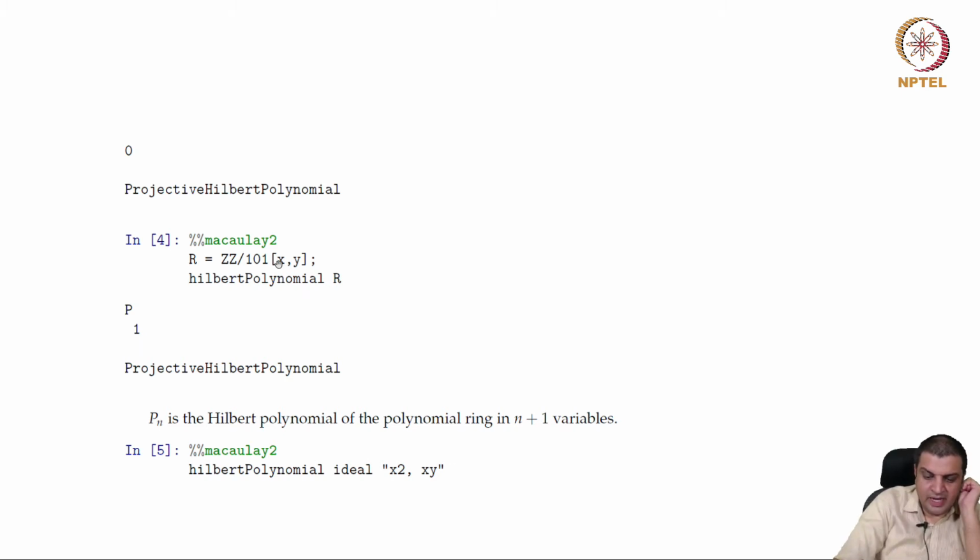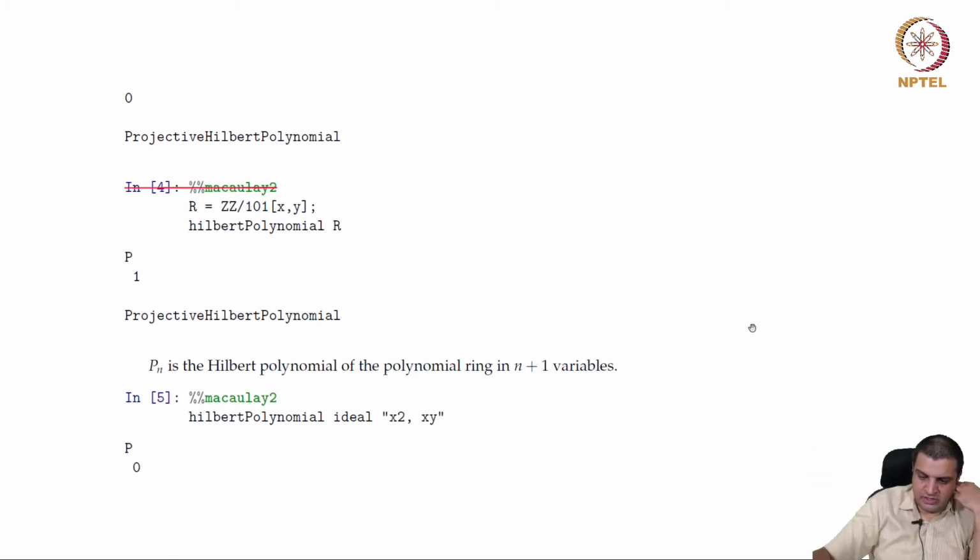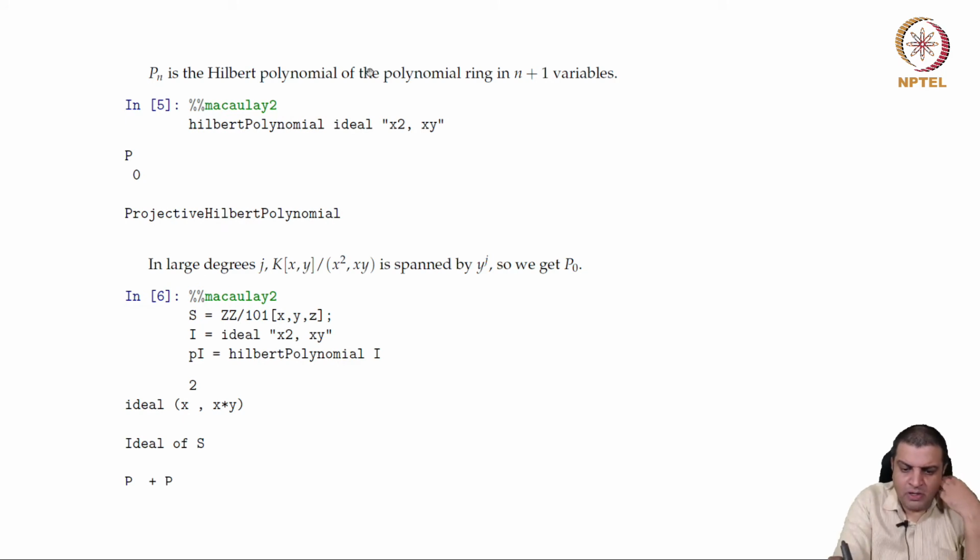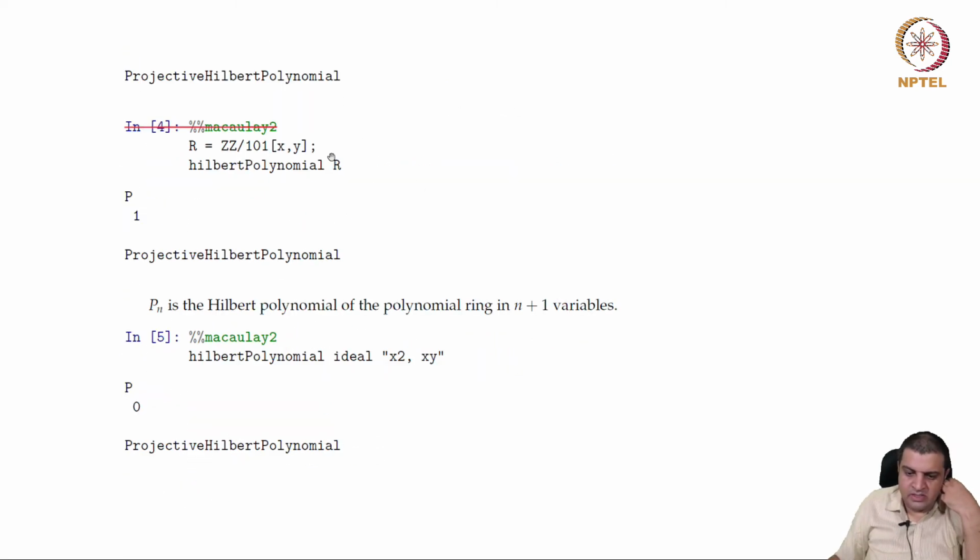Okay. We take a polynomial ring in two variables and ask for its Hilbert polynomial, and it says P1. This is the same notation as what we were using in the lecture: Pn is the Hilbert polynomial of the polynomial ring in n plus 1 variables. Now we ask for the Hilbert polynomial of the ideal generated by x squared and xy. Remember the ring is in two variables.